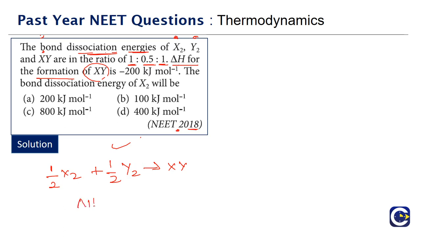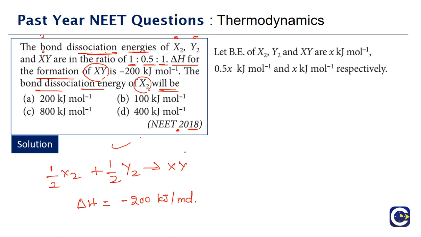For this reaction, the delta H value is given as minus 200 kilojoule per mole. They are asking what is the bond dissociation energy of X2. This is more of an algebraic kind of question. Since they didn't give us the values, only the ratio, let us say the bond dissociation energies of X2, Y2 and XY are in the ratio 1:0.5:1.